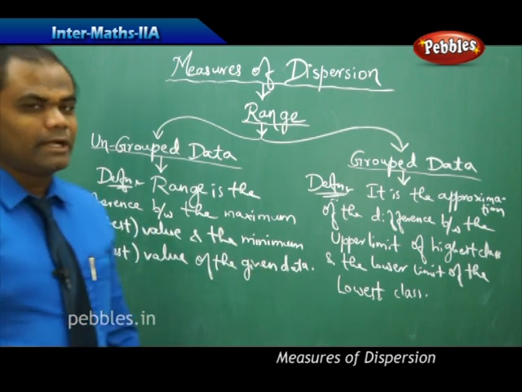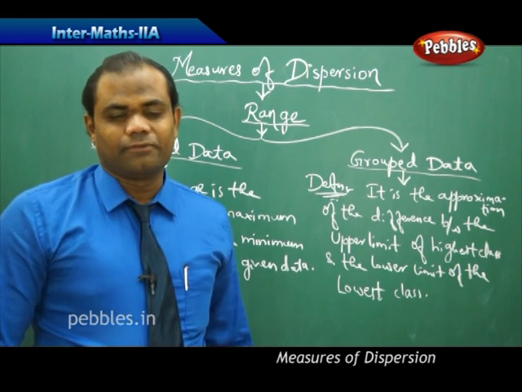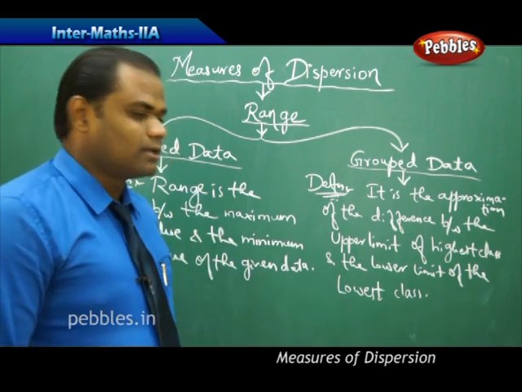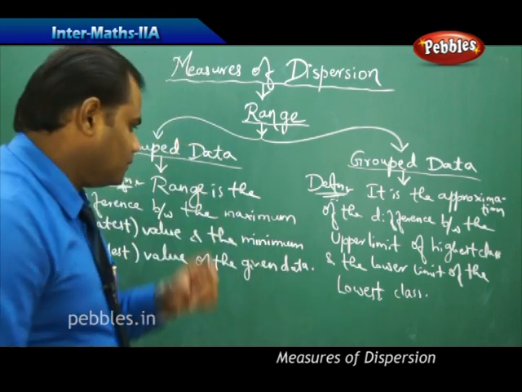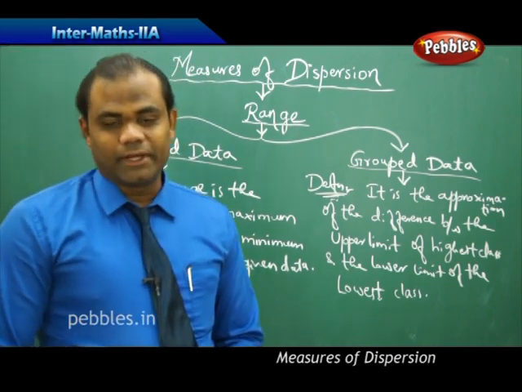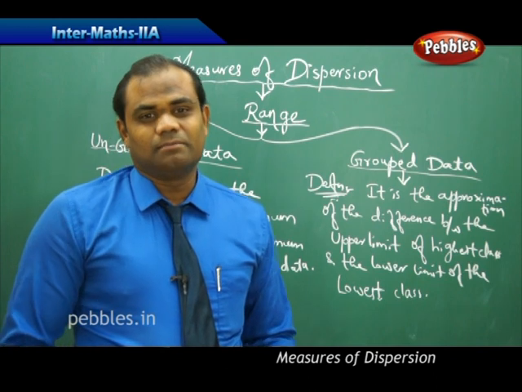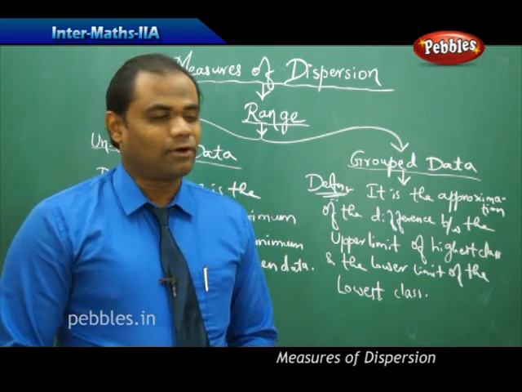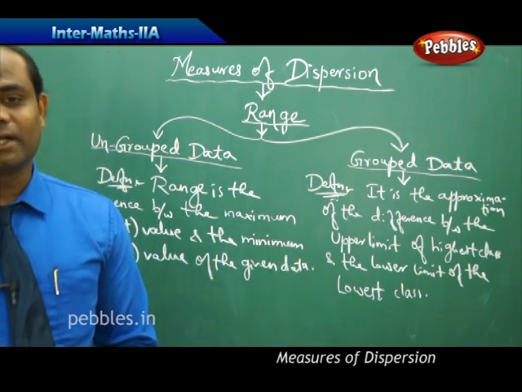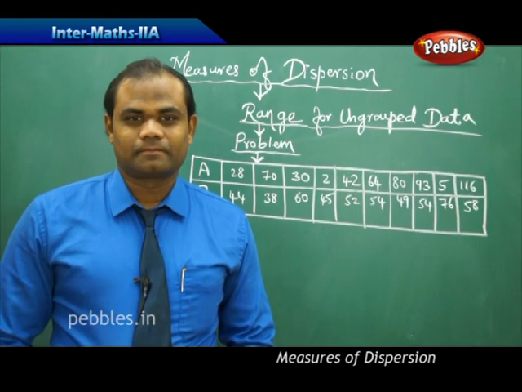So usually grouped data is when we have the frequency and the data given in a column-wise frequency table. So with these definitions we define range in their own respective manners. So let's see how to calculate range for each of the grouped and ungrouped data.